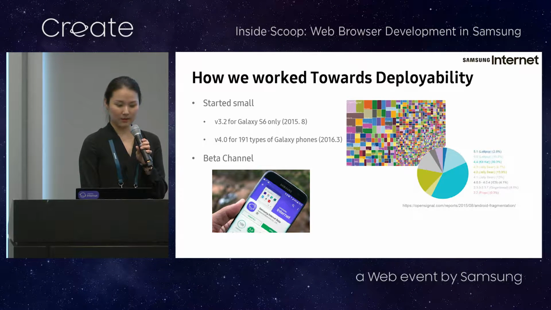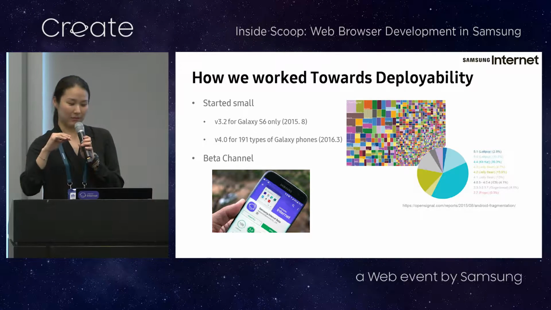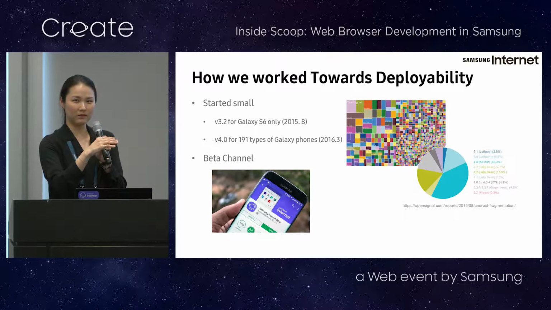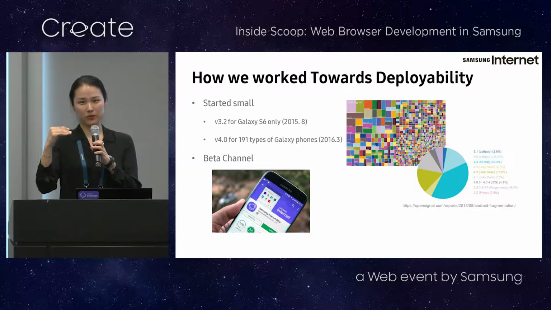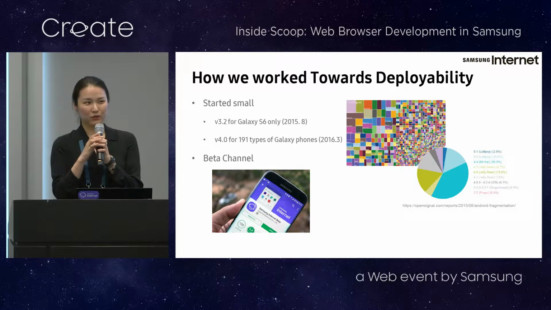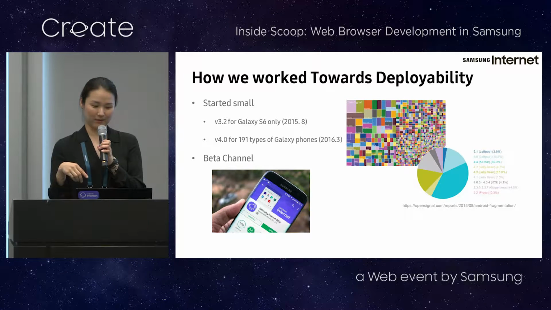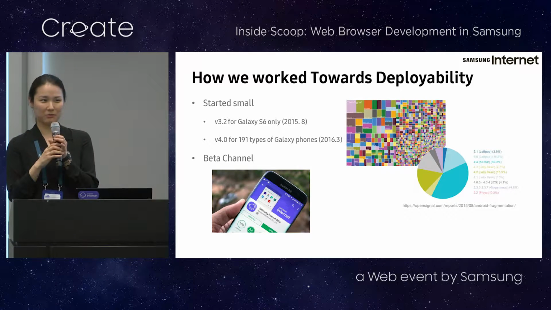It was our first time, and many of the people were actually using Samsung Internet 2 point something, and it was suddenly upgraded to 4. So there were many feature changes in between, and I'm not sure if any of you like to use the text size changing feature, but that was deprecated in 3 point something, and many users left comments on Google Play saying, where did that feature go?